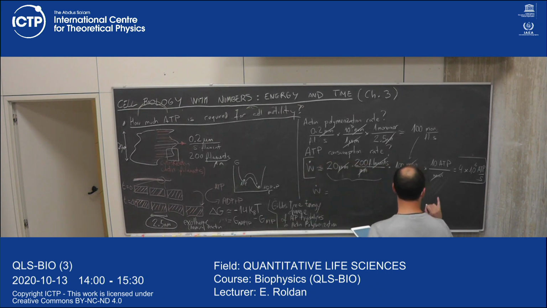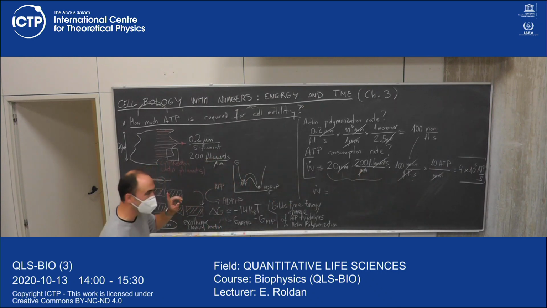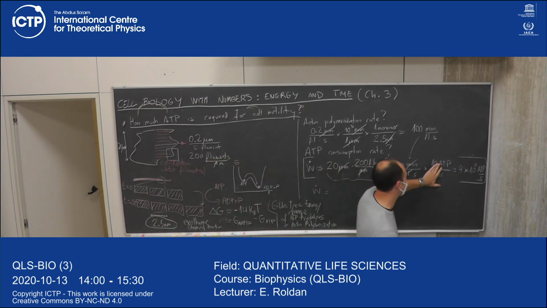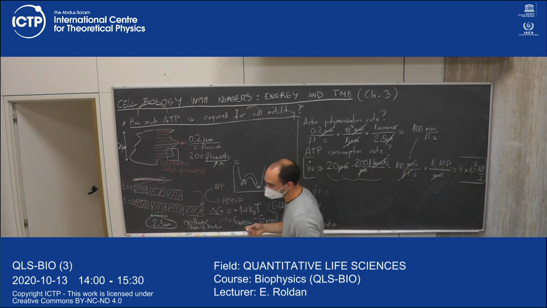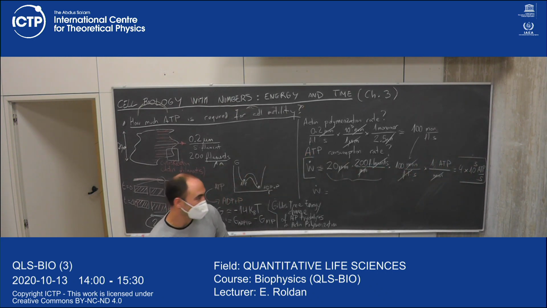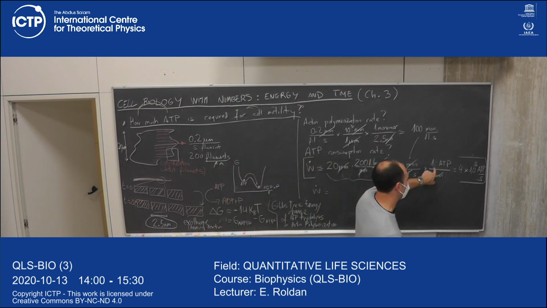No, sorry, this is incorrect. In each step, be careful, in each step I'm using 1 ATP. That's not 10, not 10. Each step is 1 ATP. So 10 to the 5. Why does this happen to me? Because I work in thermodynamics and I'm always using kBT, so I always think in kBT. But per monomer, I use 1 ATP.